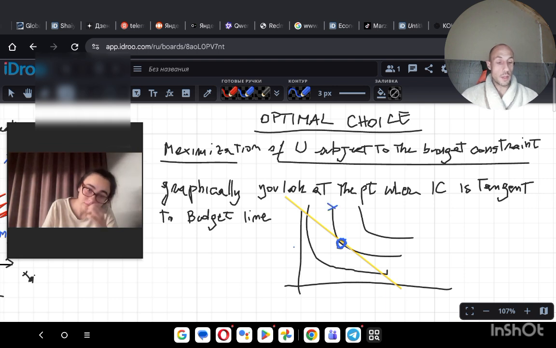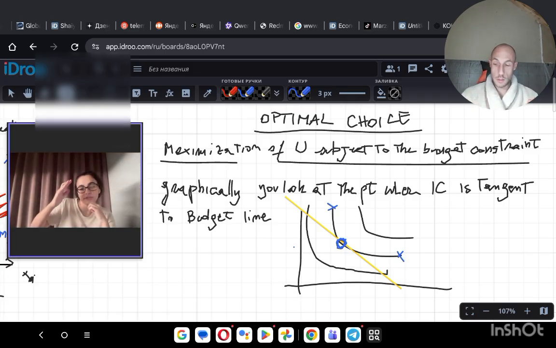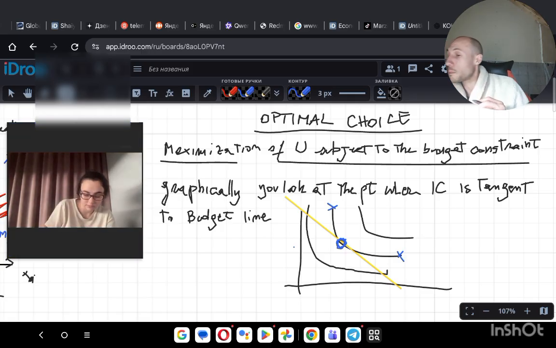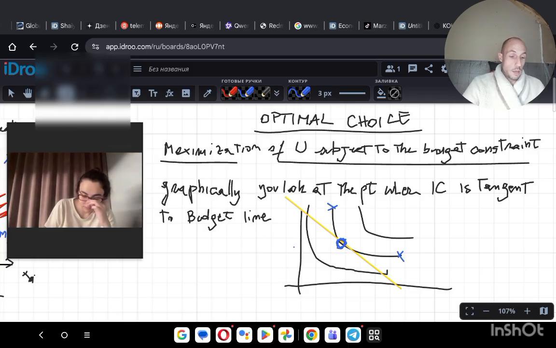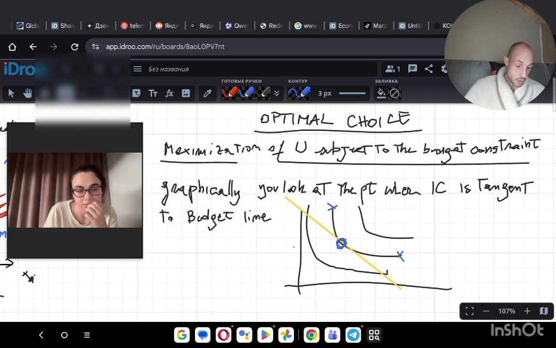You can't afford this combination. So the yellow line is our budget line. Yes, exactly. The yellow line is the budget line, and the black curves are the indifference curves.